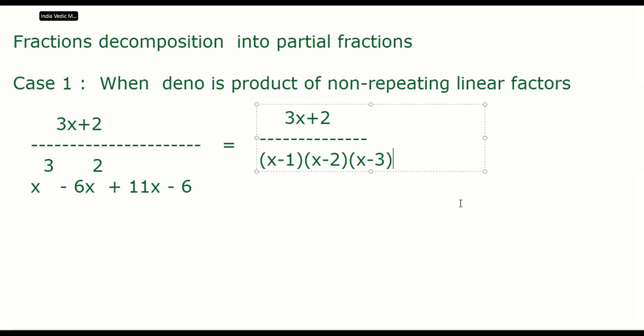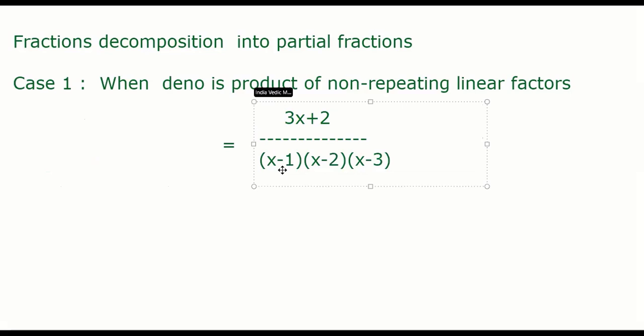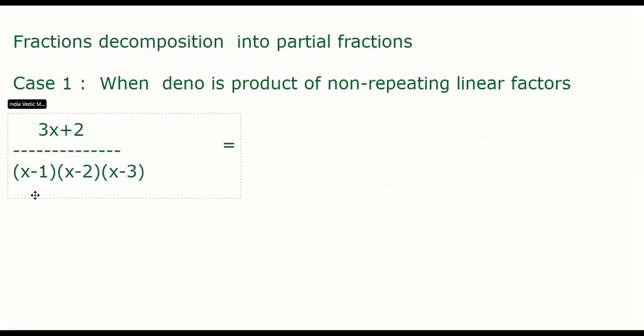Now, the very easy method of doing this is, see guys, how many linear factors are in the denominator? 1, 2, 3. Whenever there are multiple factors in the denominator, you can make that number of partial fractions. So I'm going to remove the left part so that we have space. Our original question becomes this, correct?